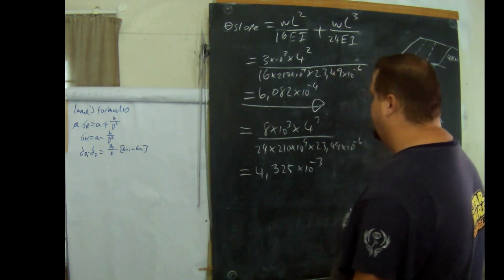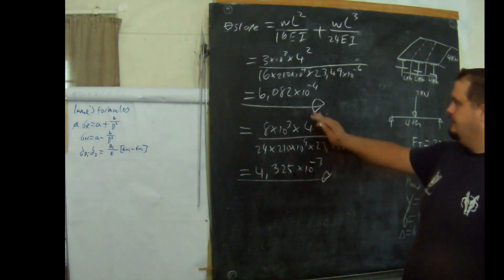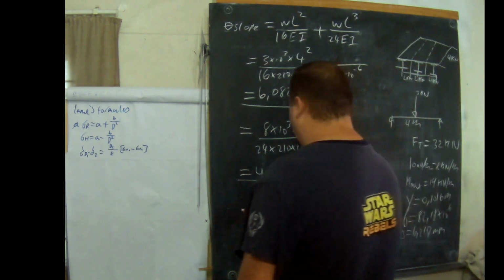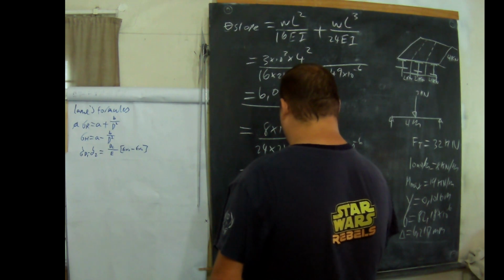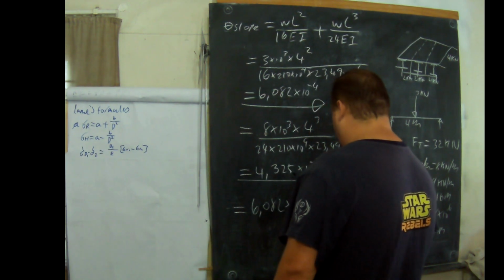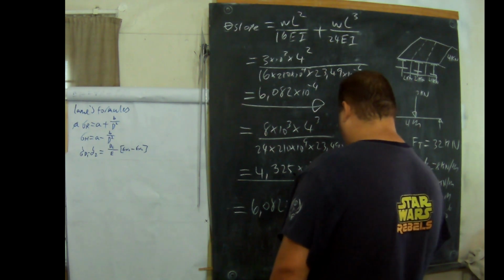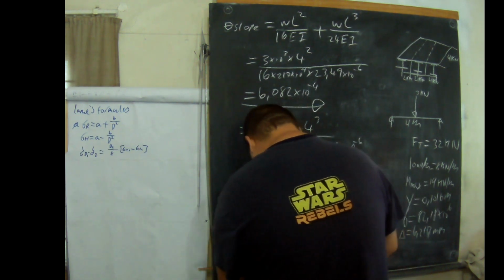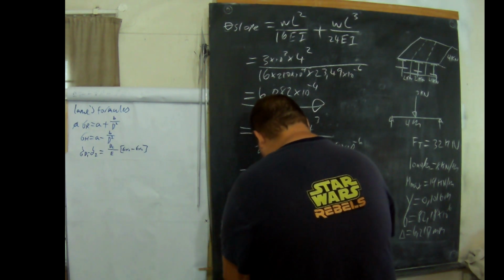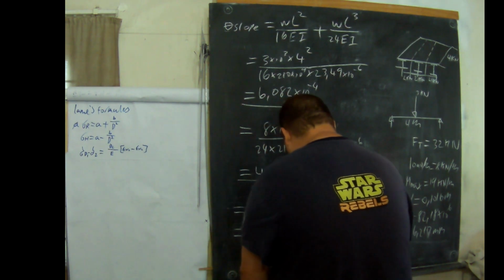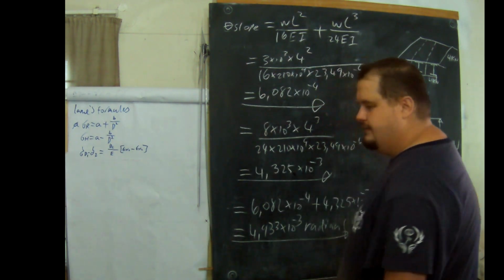And our final answer, we add these two together: 6,082 times 10 to the minus 4 plus 4,325 times 10 to the minus 3, all equals 4,933 times 10 to the minus 3 radians. And that is the completed sum.